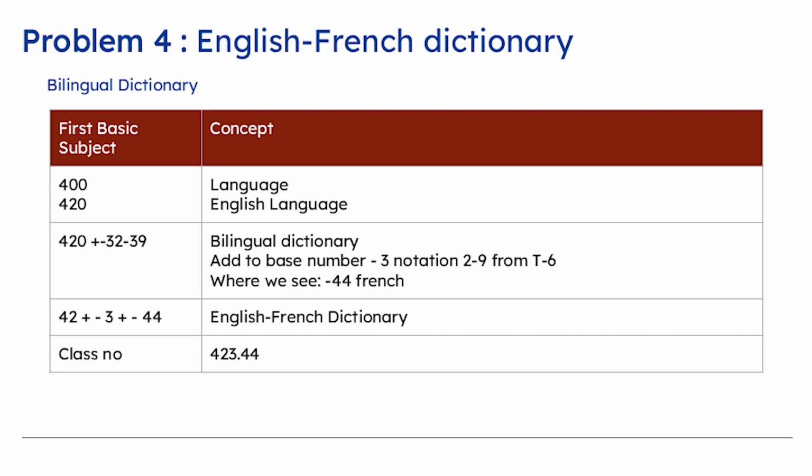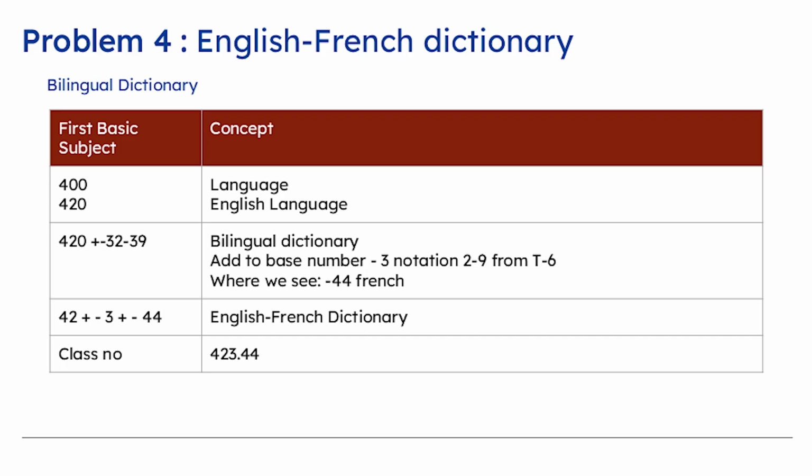So now again we will write 420 plus -3 plus -44. That means English French dictionary. So finally we will write it in such a way: class number 4, 2, 3, the 3 digits completed.